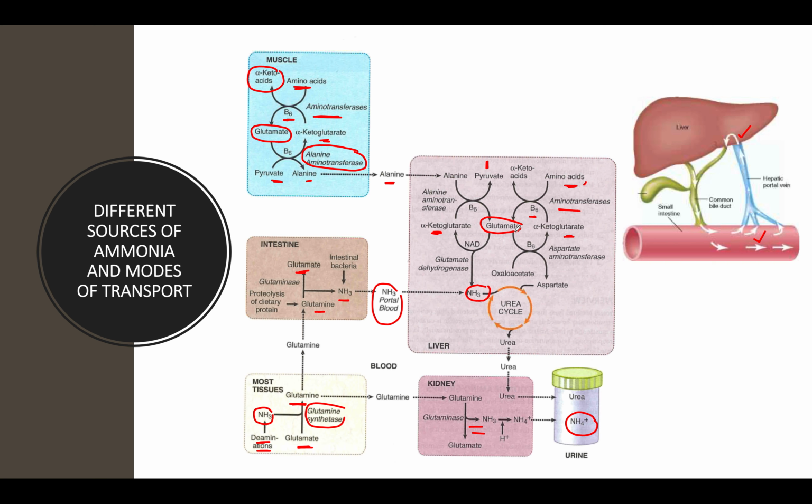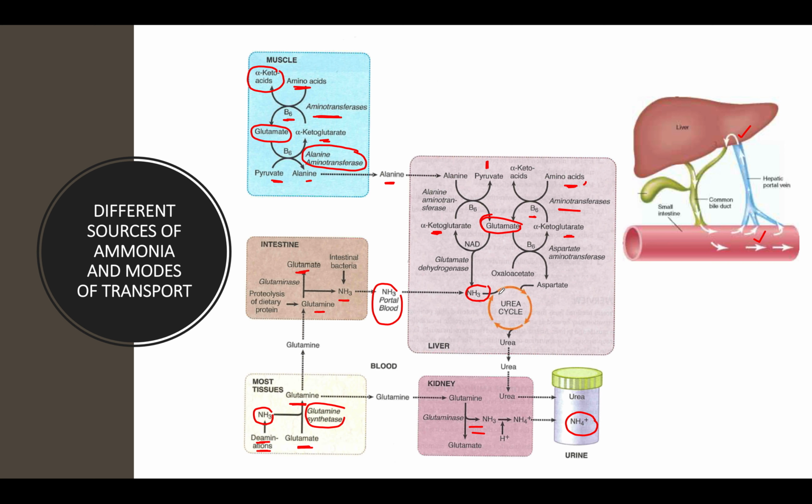Part of this glutamate is converted to oxaloacetate, and part of the glutamate in the presence of oxaloacetate is converted to aspartate, which goes into the urea cycle as well. But the major form, or majority, of the glutamate is converted to ammonia by glutamate dehydrogenase.